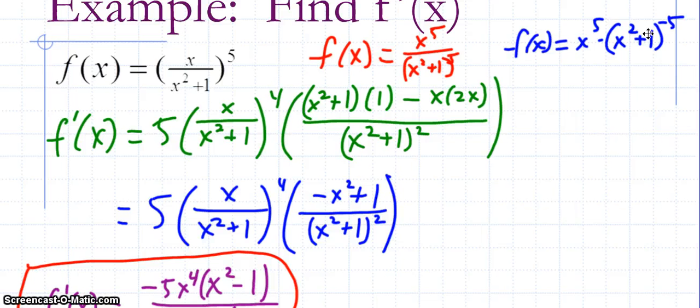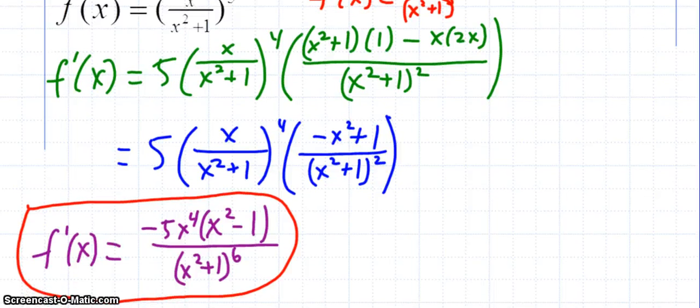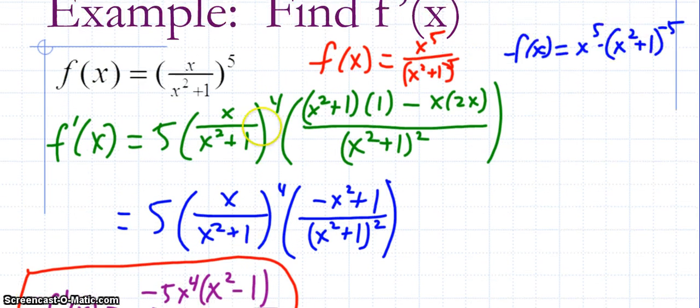Either way, if I simplify correctly in the end, I should end up with the same result. So again, what I did was chain rule first, so derivative of the outside, bring down 5, subtract 1, and then times the derivative of the inside, but the inside was a quotient, so I did the quotient rule. Bottom times the derivative of the top minus the top times the derivative of the bottom over the bottom squared.